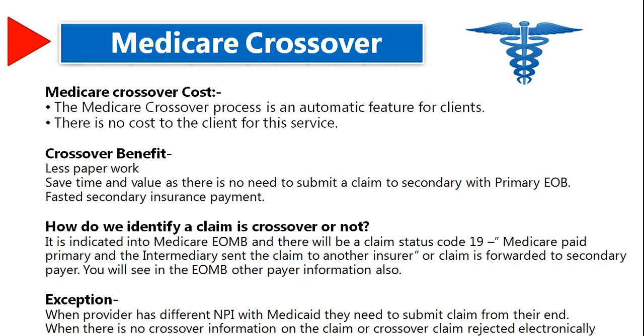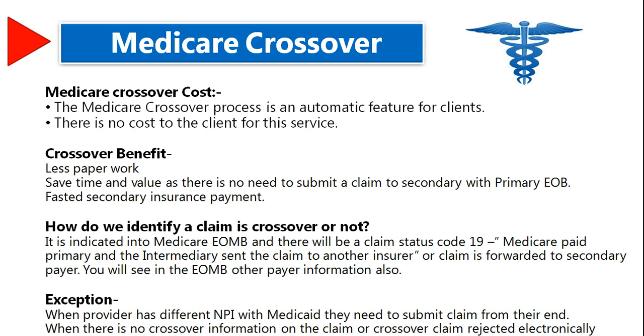Now there are few exceptions when a provider has to submit claim to secondary insurance company, if that is Medicaid or Medicaid plan. First condition is if a provider has a different NPI with Medicaid.